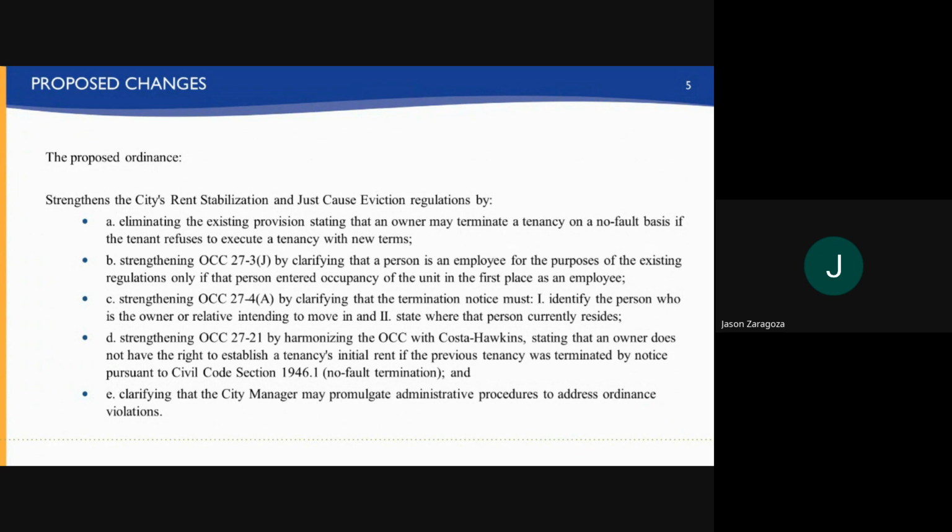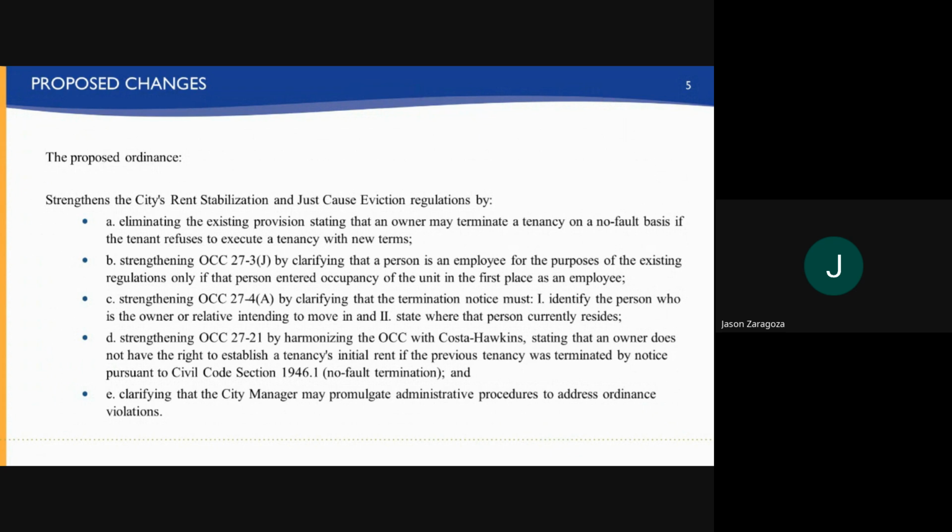The regulations are also strengthened by harmonizing the city code with Costa-Hawkins and other housing related statutes and case law in stating that an owner does not have the right to establish a tenancy's initial rent if the previous tenancy was terminated by notice pursuant to Civil Code Section 1946.1, which is a no-fault termination. It also clarifies that the city manager may promulgate administrative procedures to address ordinance violations.